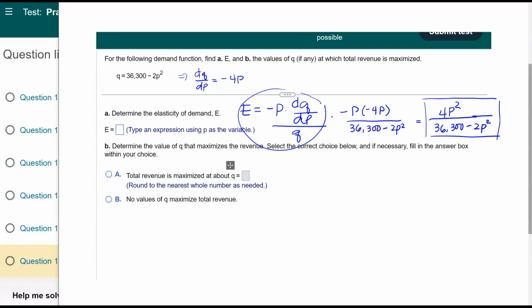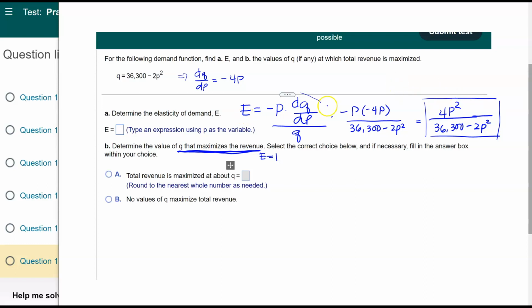So next, we are to determine the value of Q that maximizes the revenue. So when you say, when is the revenue maximum? The revenue is maximum when elasticity is equal to 1. So this is true when E is equal to 1.